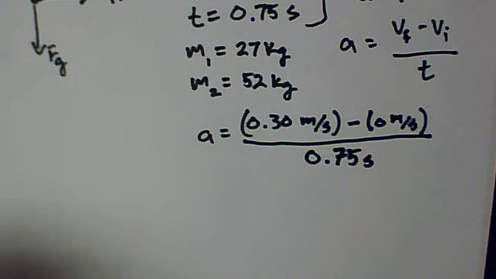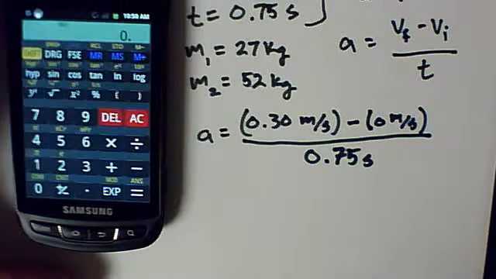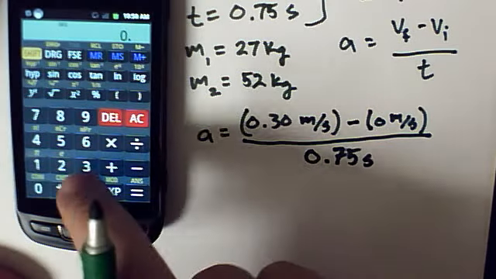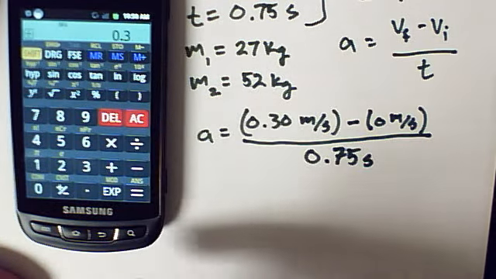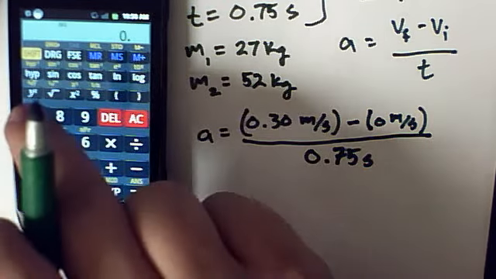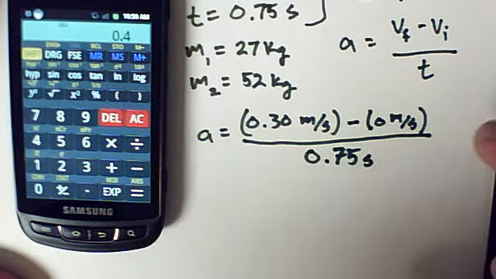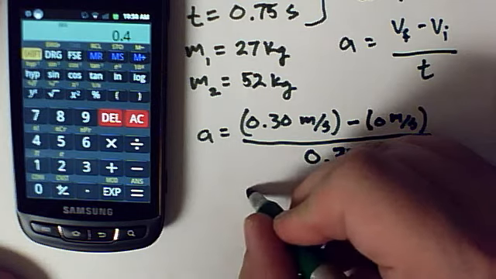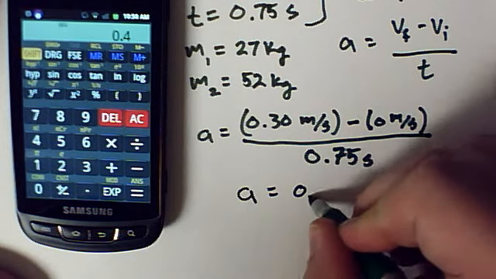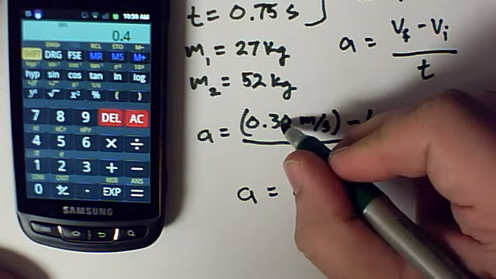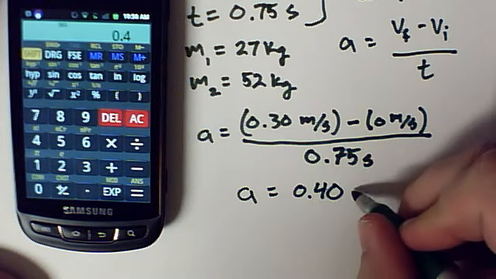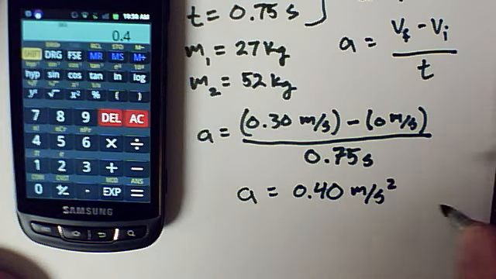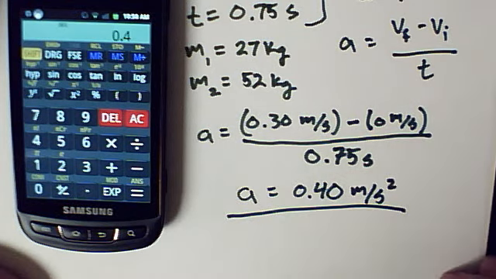Now, we're going to do 0.3 divided by 0.75 equals 0.4. So my acceleration is, 2 sig figs, 0.40 meters per second squared. That's my acceleration.